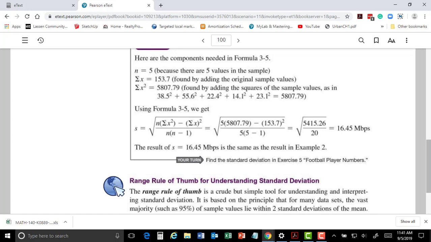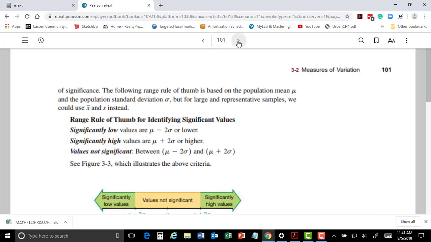Okay, let's see. All right, this is the rule of thumb. You're going to see it in homework, so I might as well put it on your thumb now while you got it, okay? This is a rule of thumb for identifying significant values.